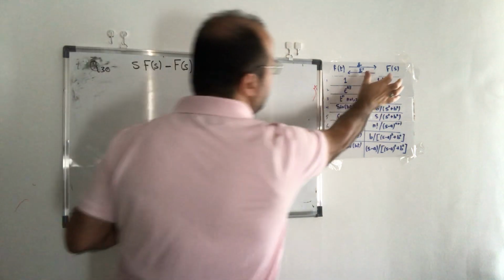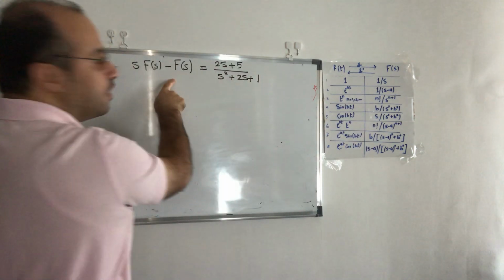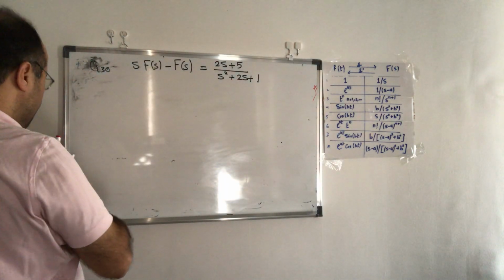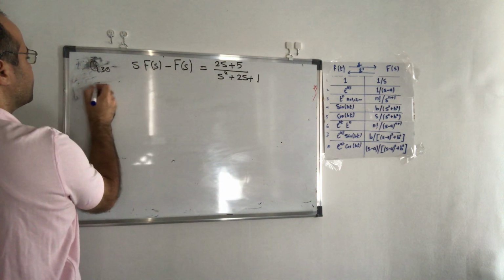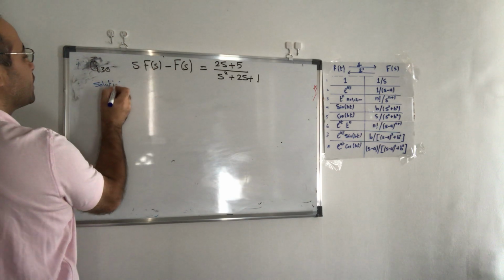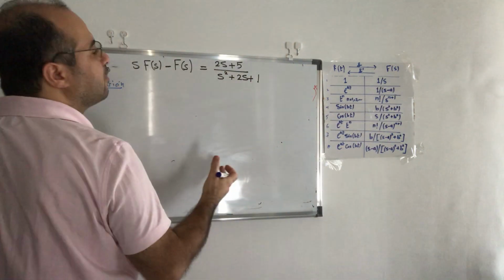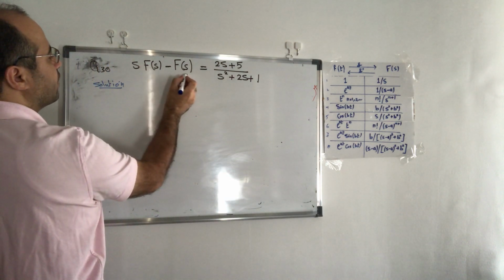So I don't have an explicit formula. Look here. Here it says you can compare if you know F of s, but I don't know F of s. I'm giving you an equation for F of s. Before doing anything, you need first to solve for the solution. I will first know what F of s is to be able to compare. So I'm solving for F of s.